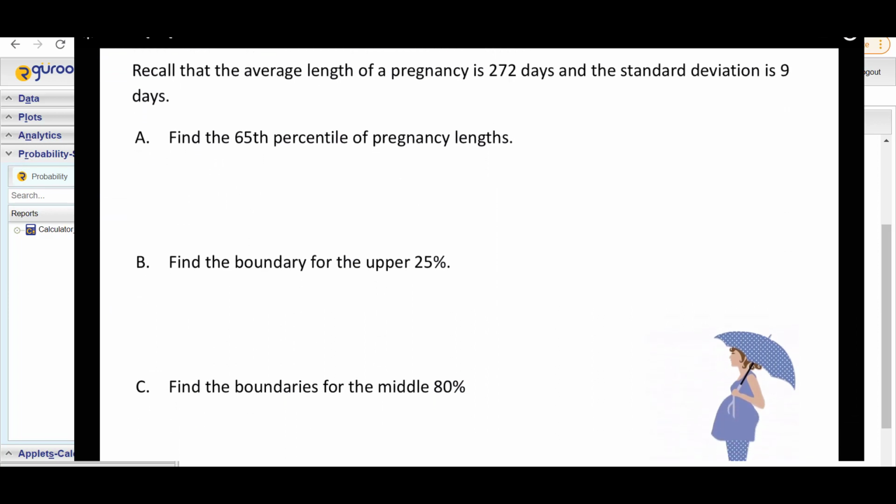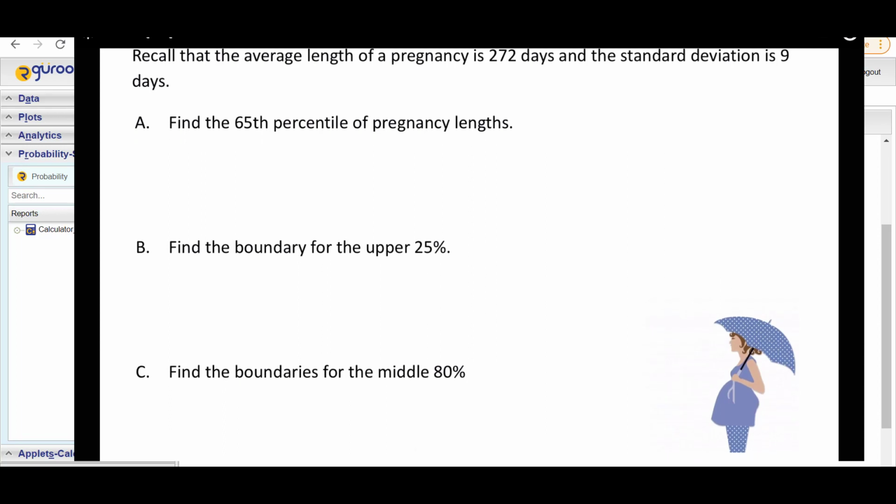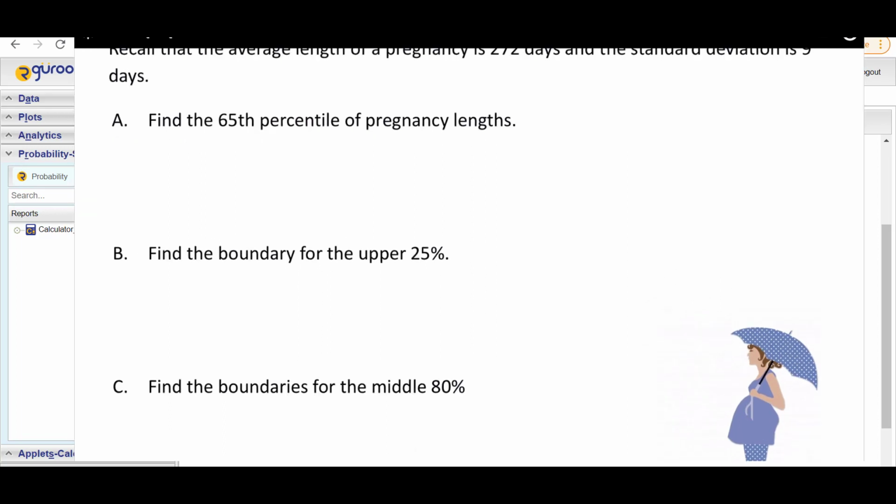Recall the average length of pregnancy is 272 days and a standard deviation of 9 days, and assuming that it is normally distributed. Find the 65th percentile. So the 65th percentile, all right, so 272 is in the middle. The 65th percentile separates the lower 65% from the upper, what would it be, 35%?